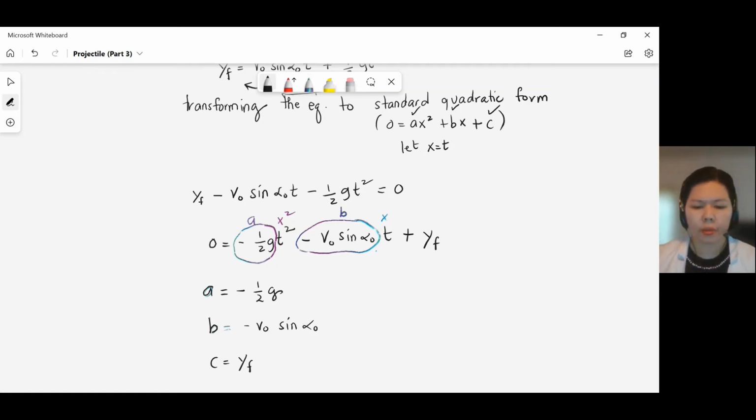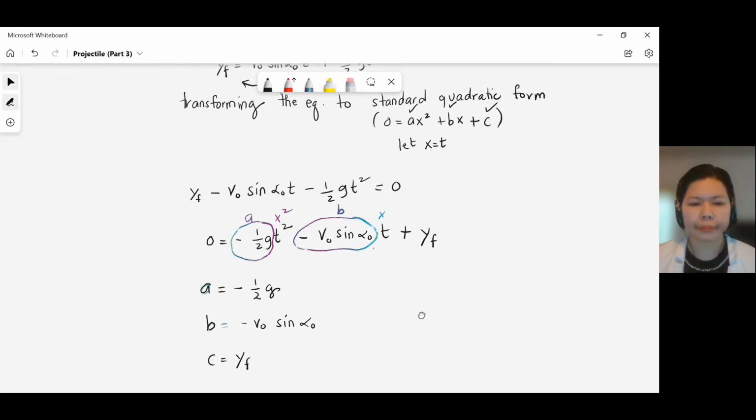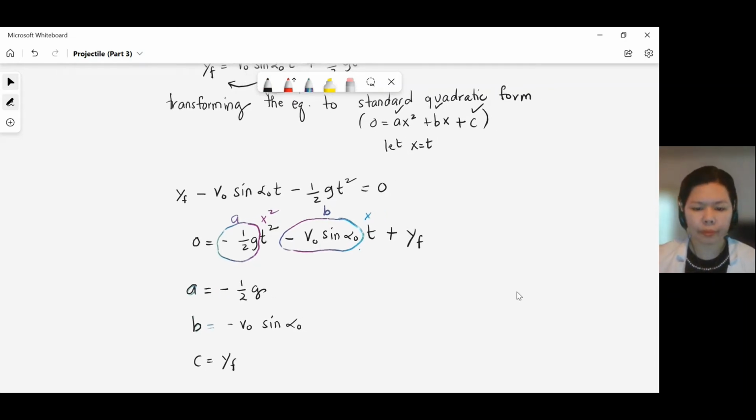All right, we now substitute the given. In other words, a here is negative 1/2 g, and g is negative 9.8 meters per second squared. Using your calculator, negative 1/2 times negative 9.8, you should get 4.9 meters per second squared.